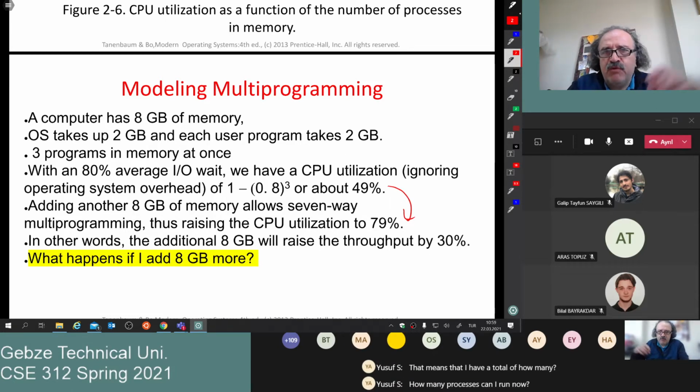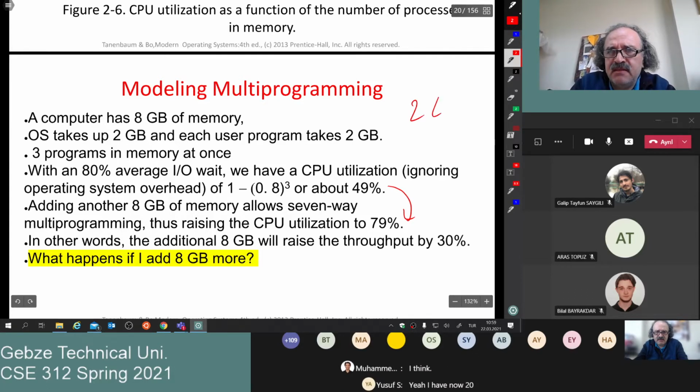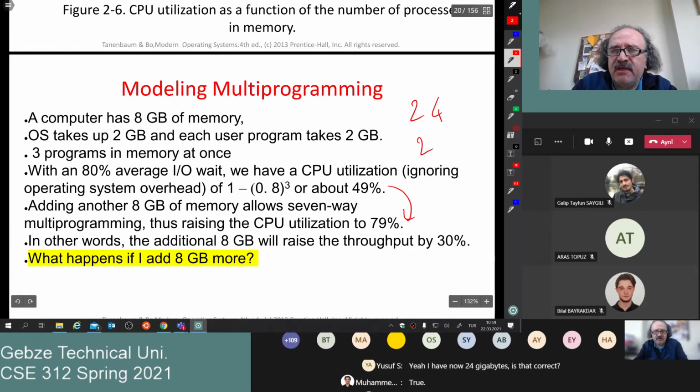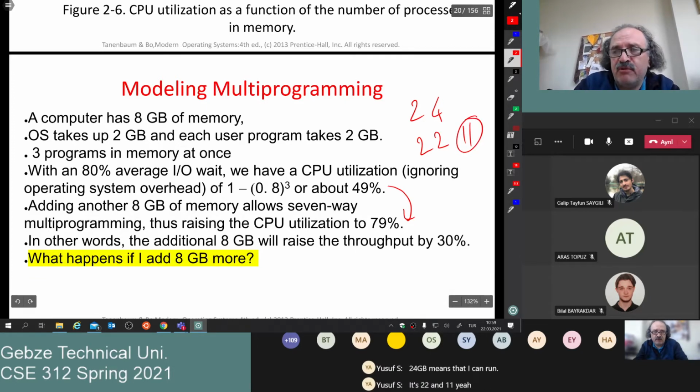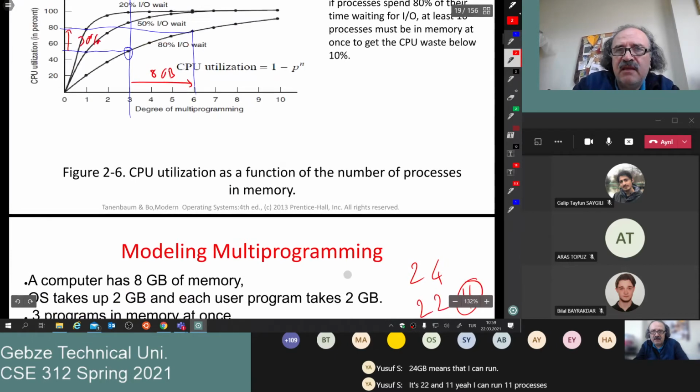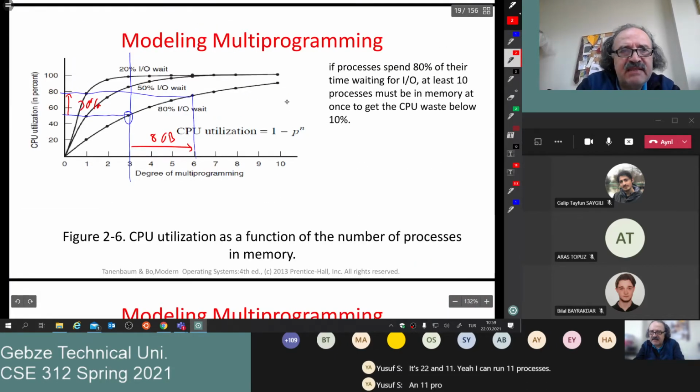I have now 24 gigabytes. Is that correct? True. 24 gigabytes means that I can run 11 processes. And 11 processes means that it's going to be around 85%, right?